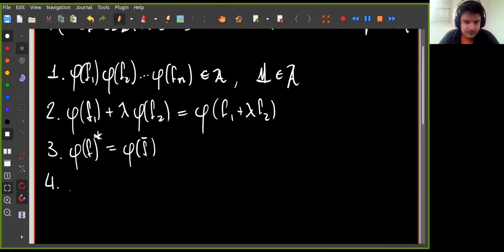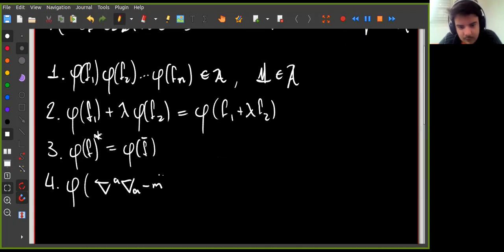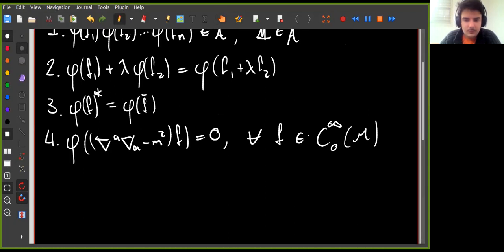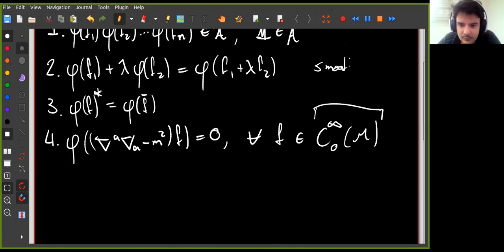Fourth, it satisfies the Klein-Gordon equation, where this means smooth and compact support.